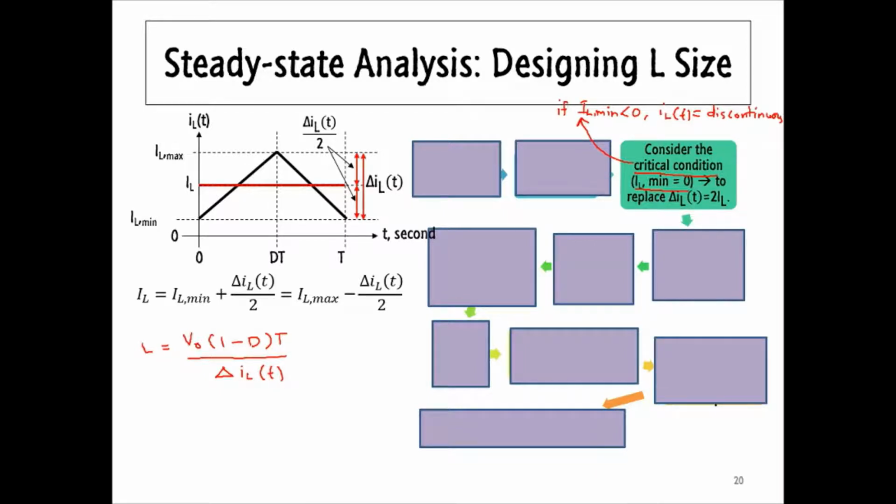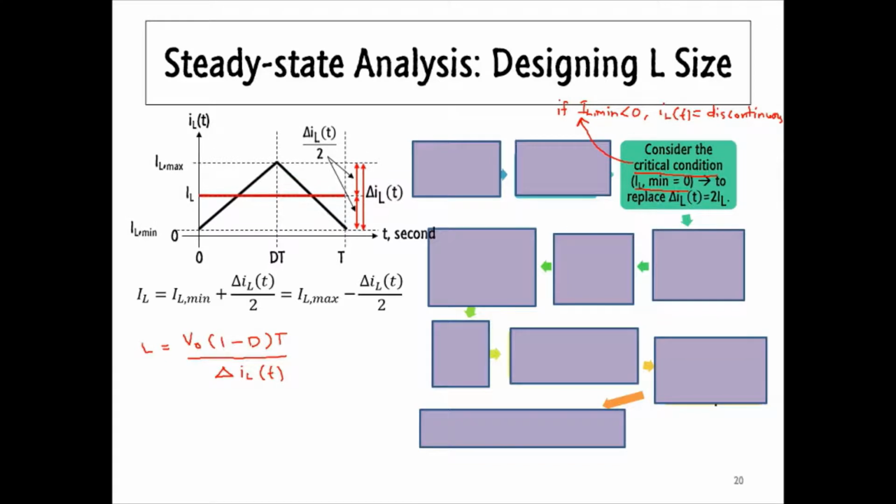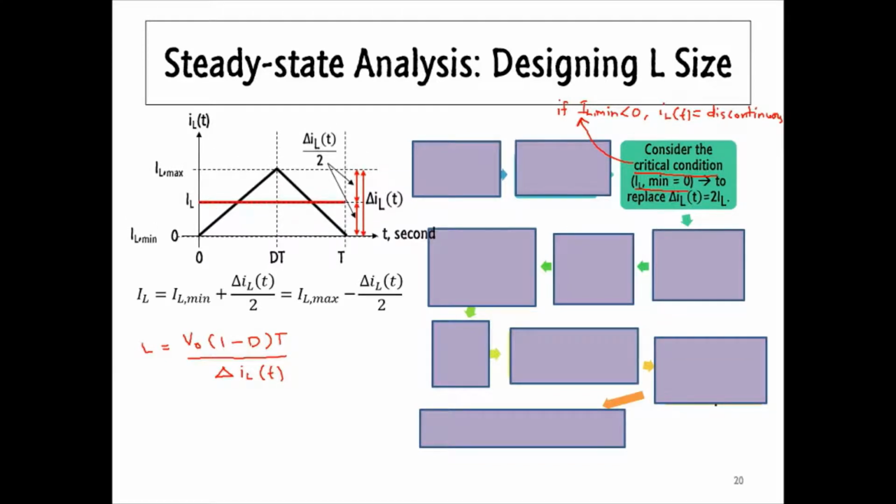Therefore, we need to move the inductor current waveform downward until the minimum current equals 0. According to the new position of the waveform, the new value of the minimum amplitude is equal to 0.